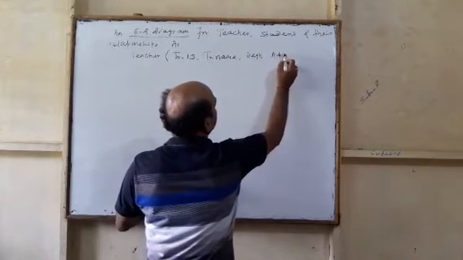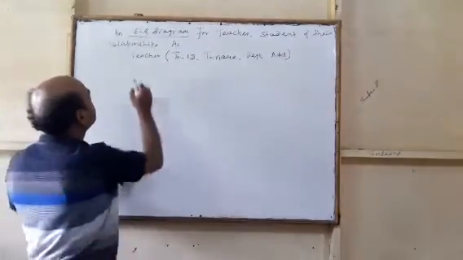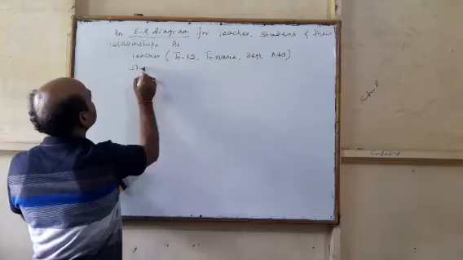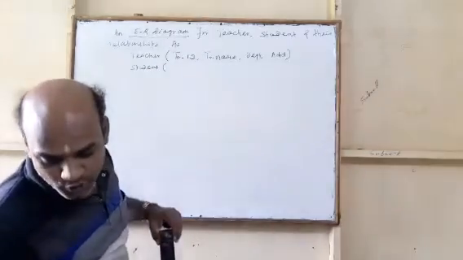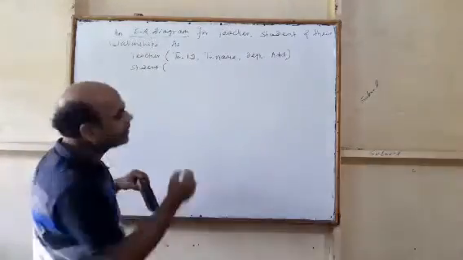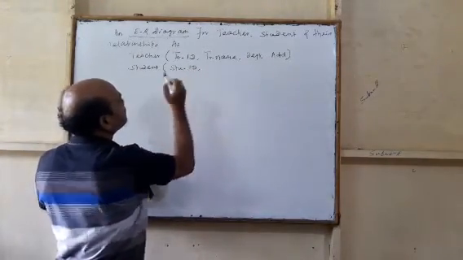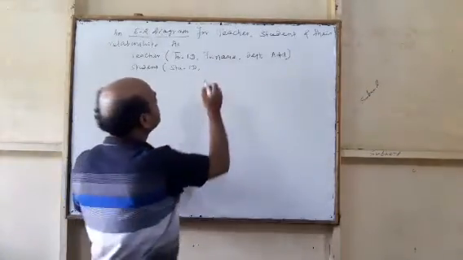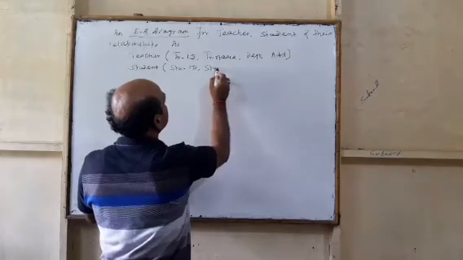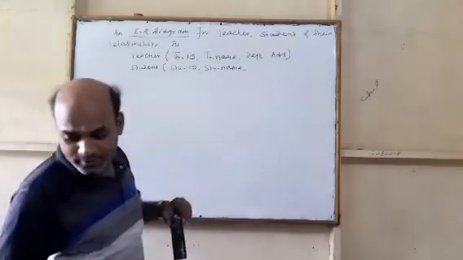Similarly, student is another entity whose attributes will be student ID, student name and department, and address.